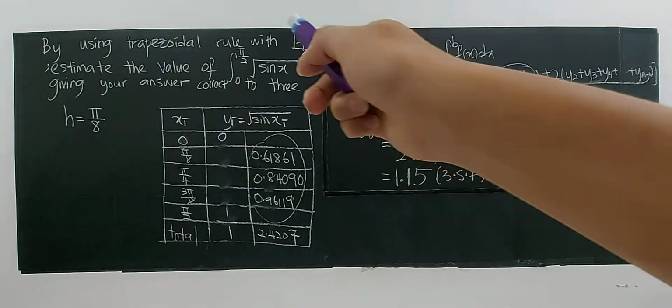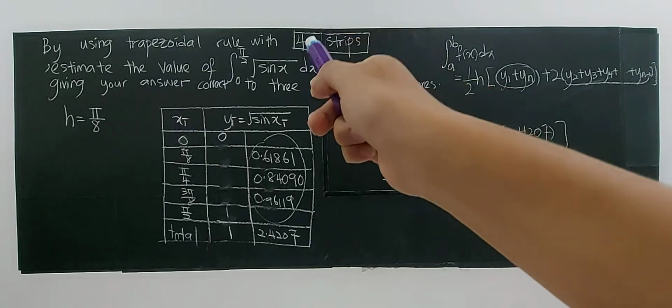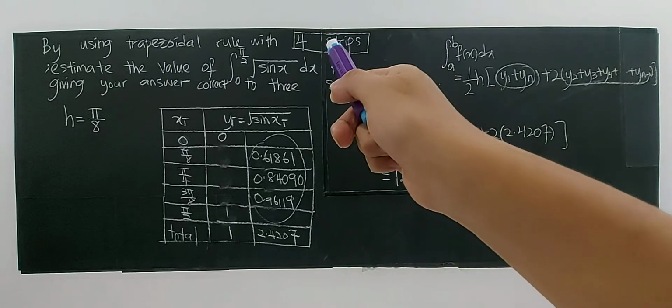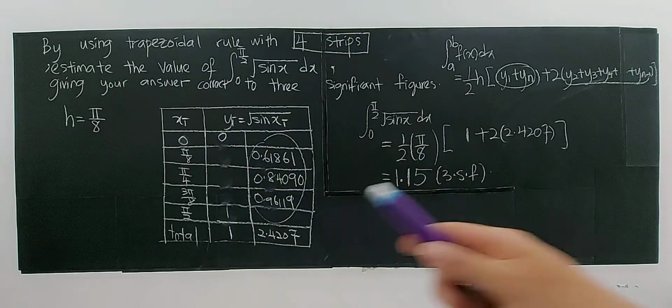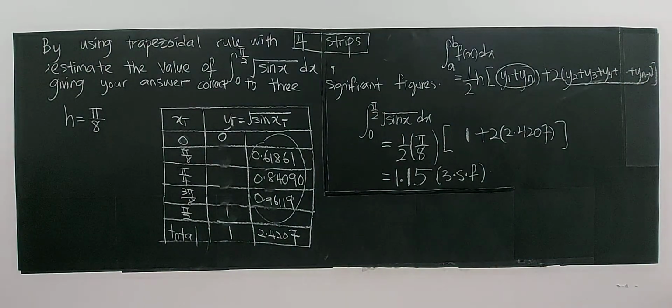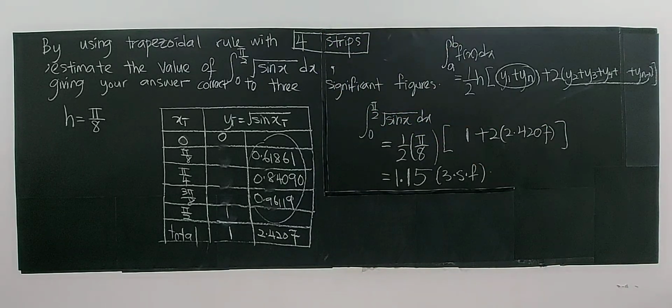You just increase the number of strips or intervals. If you keep 5 strips, the value will be nearer. If you start with 10 strips, meaning more values, you will get nearer to the exact value. That's the key for accuracy here. But since the question asks for 4 strips, we're doing it in 4 strips. That's all for this question.